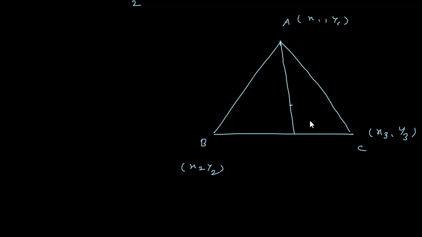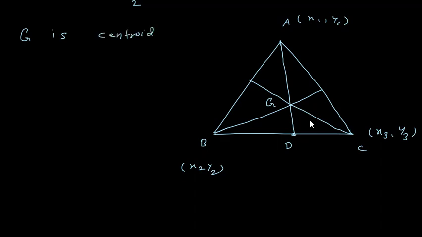Now what is centroid? Centroid is a point where all the three medians intersect. So all these three medians, they intersect at this point G. Median is what? Median means the opposite point is the midpoint. So here G is centroid, centroid of triangle ABC.